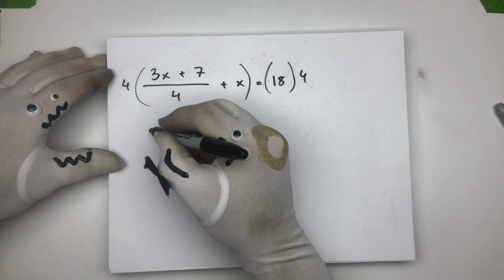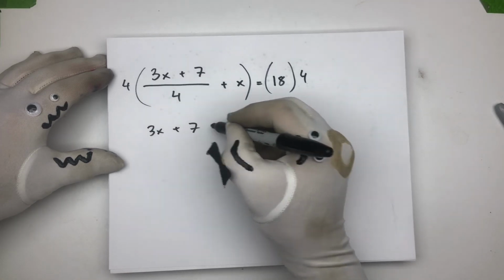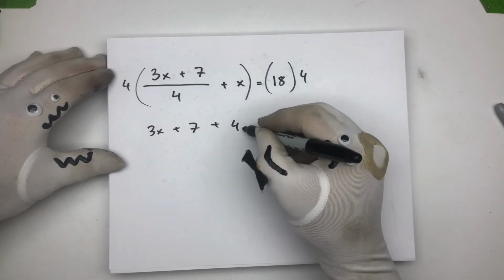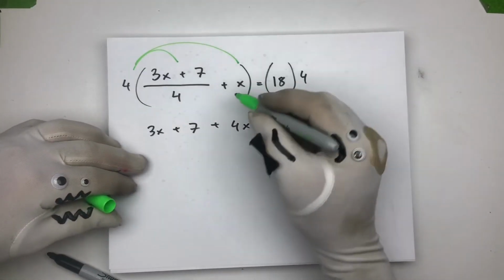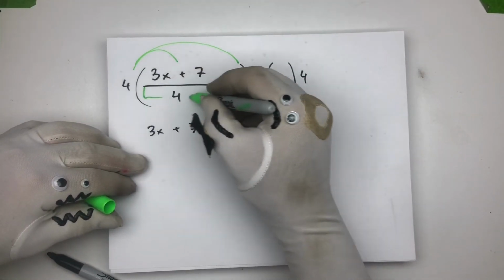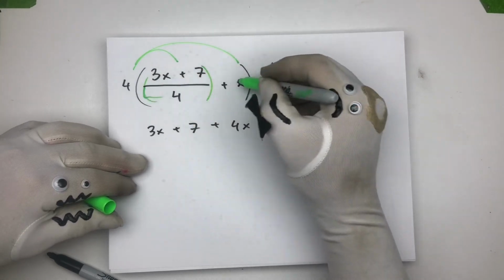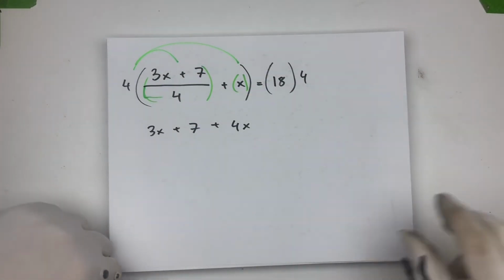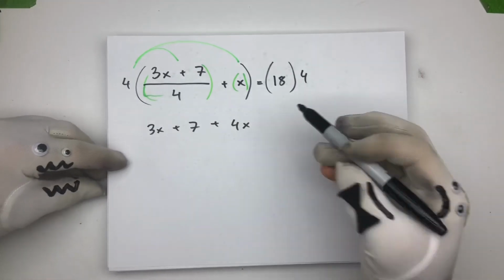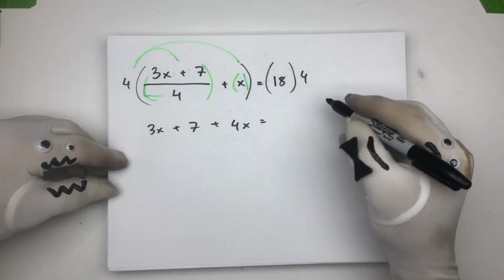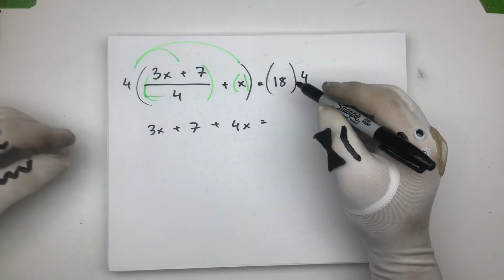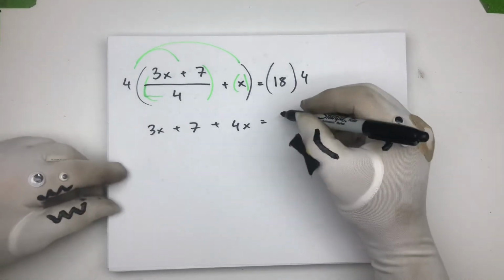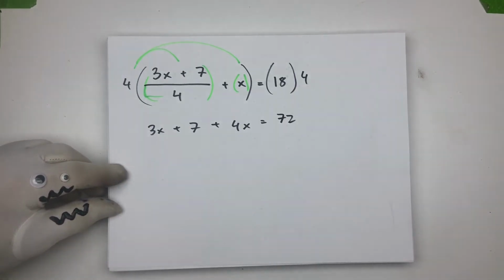So I'm going to get 3x plus 7 plus 4x. That 4 comes in 2 times, because inside this bracket there are 2 terms: this is one term right here, and here's the other. And that 4 cancels with that 4. Then this is going to be equal to whatever that's going to be. Oof. 1632? No, really? Yeah, 1632. 72? Really? Is that the number?